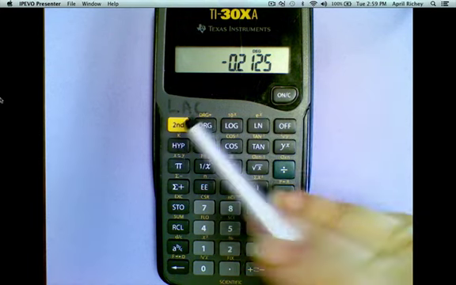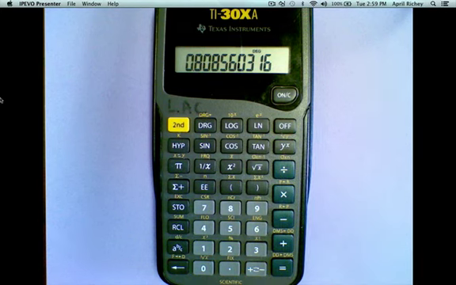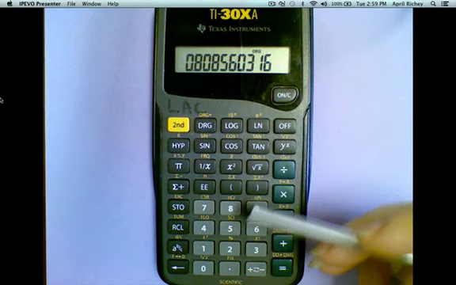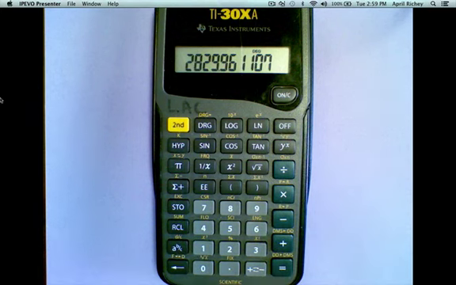So hit second ln, and that gives me 0.808, and that decimal continues on. Leave that in your calculator and multiply that by 3,500. And that gives me 2,829.9611, and that decimal continues on.